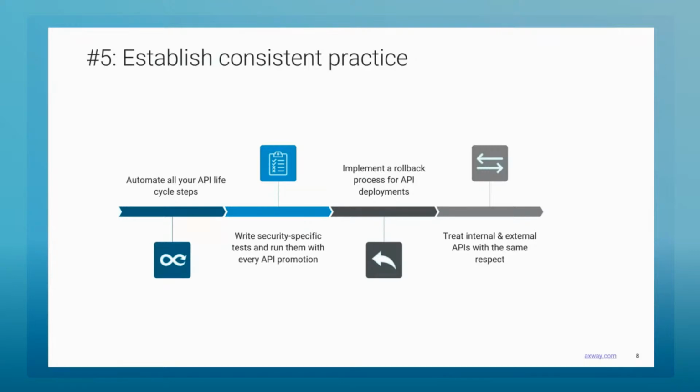If you establish the same rigorous configuration and testing for your internal APIs as for external ones, that transition from an internal API to an external API becomes almost a trivial task, and you can do it within a few minutes.